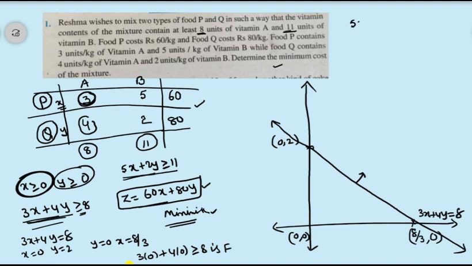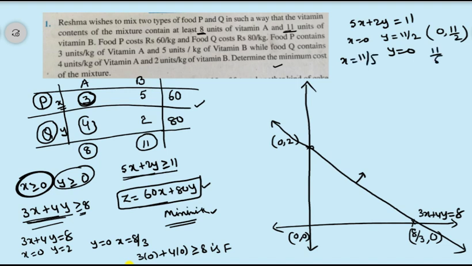Next we have to draw 5x plus 2y is equal to 11. When x is equal to 0, you will get y is equal to 11 by 2. That means (0, 11/2) is one point. Next when y is equal to 0, you will get x is equal to 11 by 5.